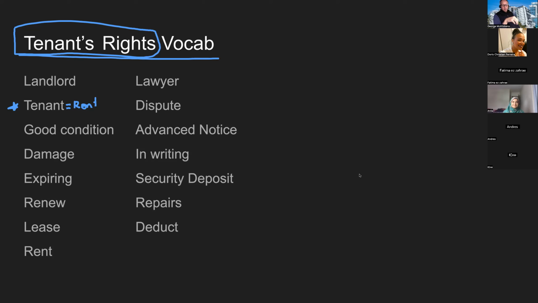So every time it rains, your carpet is wet and it's cold. The heating is broken. The window doesn't lock, so you get robbed every so often. So I think, teacher, it's the landlord's rights they have to fix, like, well, that's the landlord's responsibility. Okay.